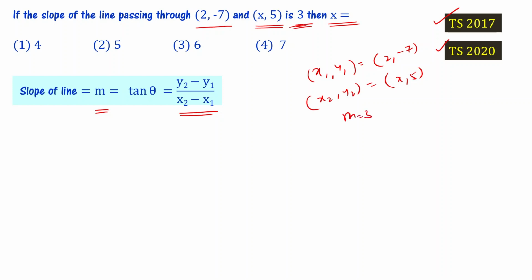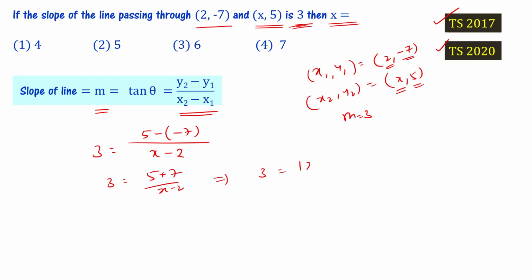m equal to 3. So let's write 3 equal to y2 minus y1. This is going to be (5 minus minus 7) divided by (x2 minus x1), that is (x minus 2), right? This can be written as 3 equal to (5 plus 7) divided by (x minus 2). This can be now written as 3 equal to 12 divided by (x minus 2), right?